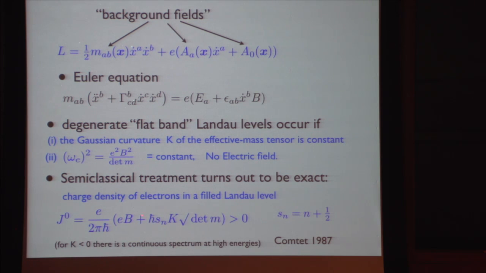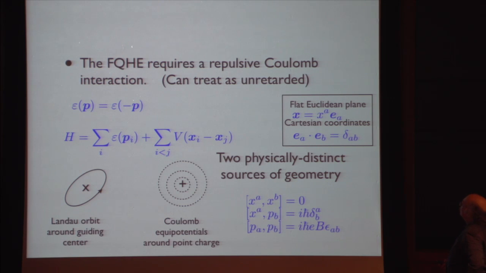And then there's this spin, which is a half in the lowest Landau level, 3 halves, etc. What's quite interesting, which I didn't know until I dug up this paper of Comtet's, is that when you have the negative curvature, the Landau levels stop after a finite number, and then you have a continuous spectrum. So when the energy gets too high, the orbits fail to close, and you don't have Landau quantization anymore at high energies. Okay.